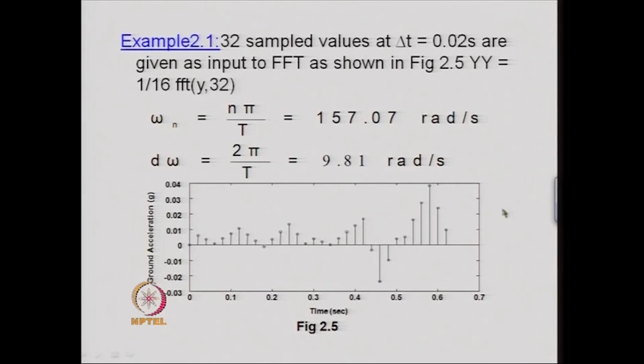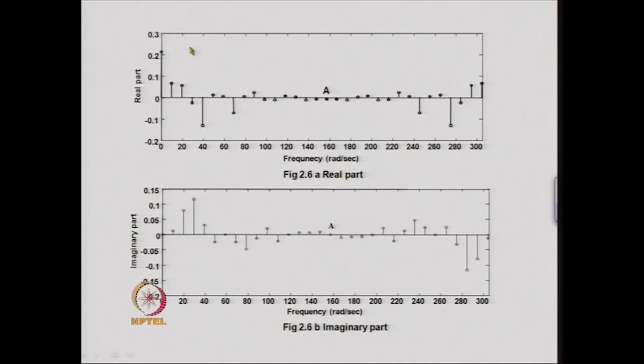Now this figure shows the 32 sampled values at a delta t of 0.02 second. This shows the real part of the X(i omega) obtained from FFT, and we can see that the real part is symmetric about this point.